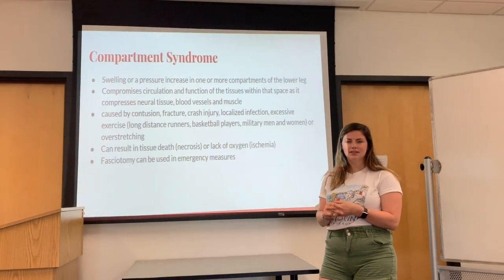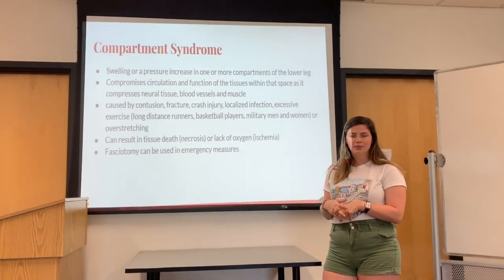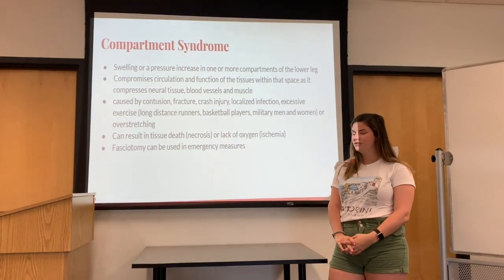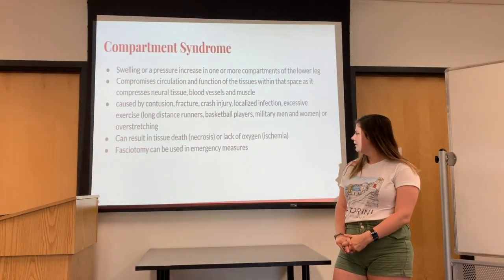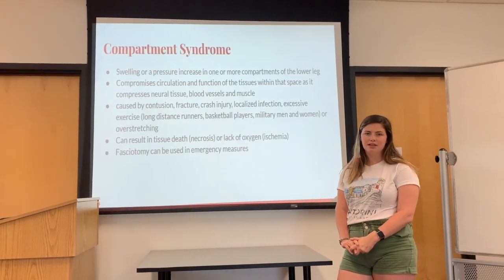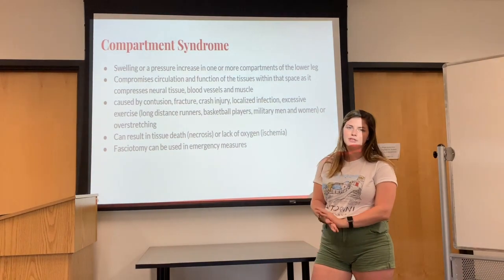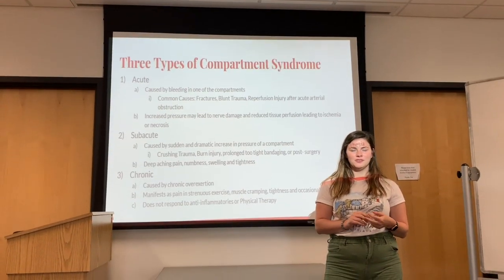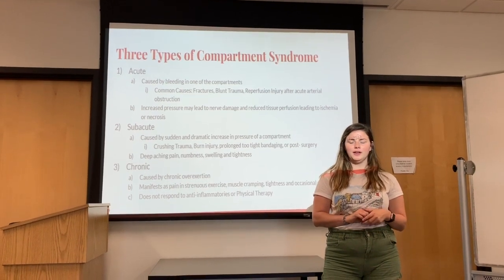Because it compromises the blood supply and neural activity to the lower legs, it can cause tissue death and lack of oxygen, so ischemia. And one of the ways that you treat this is fasciotomy, which Maddie will talk about later. So there's 3 types of compartment syndrome: acute, subacute, and chronic.